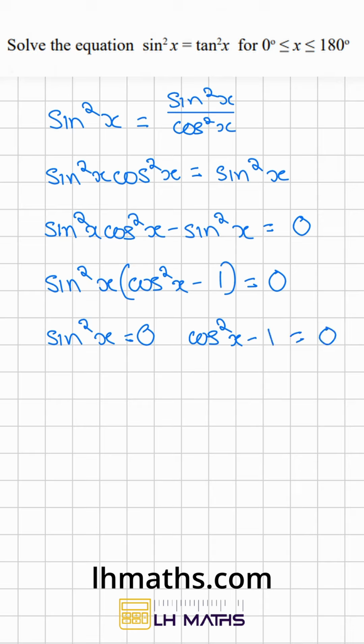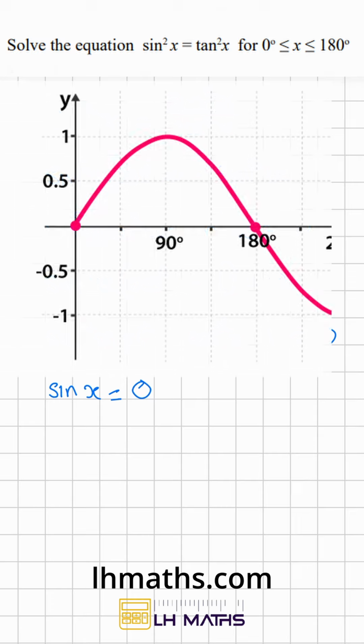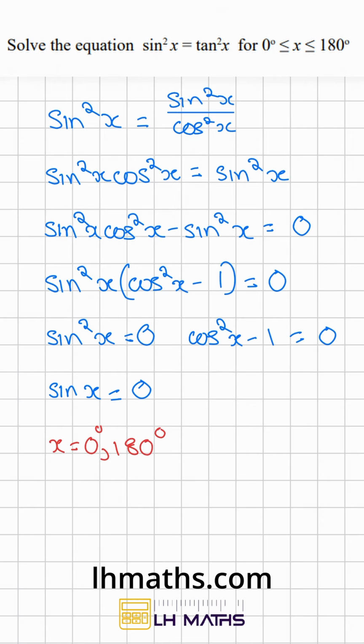So if we start with sin²x equal to 0 first, that means that sine x is equal to 0. And if you look at a sine graph, then we would know that x is 0 and 180 degrees.